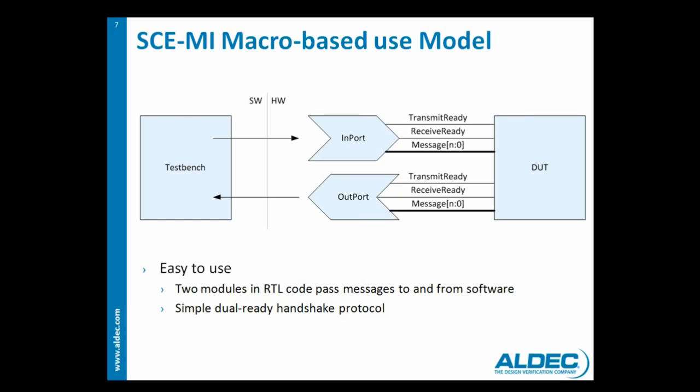The hardware part consists of inputs and outputs, and the software part consists of proxies. In order to transmit data from the test bench to the DUT, it uses input, and when we give test vectors, the DUT responds to the test vectors and gives the response back to the test bench through output. So this is the macro-based model.